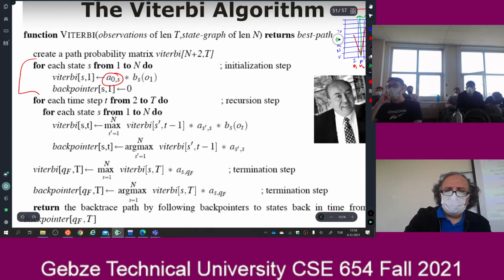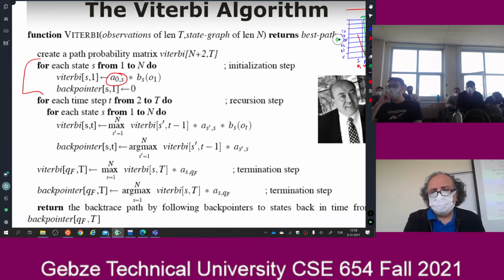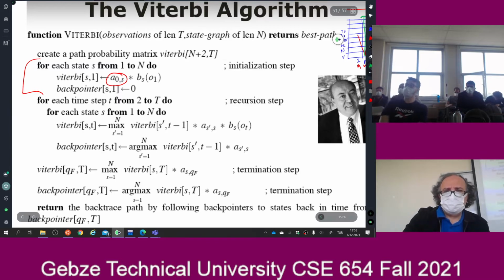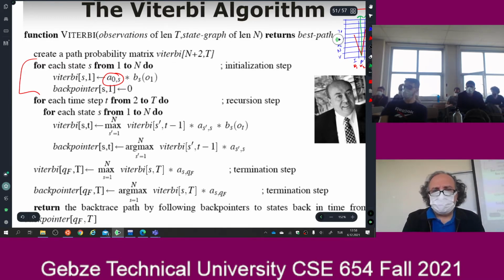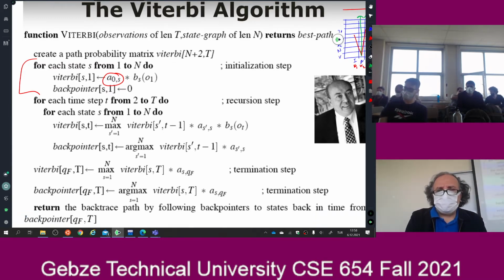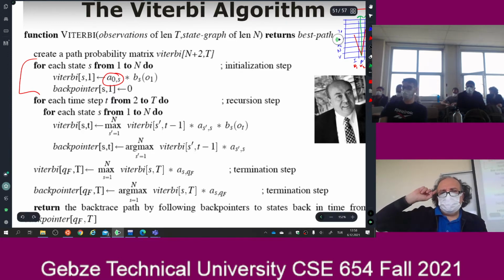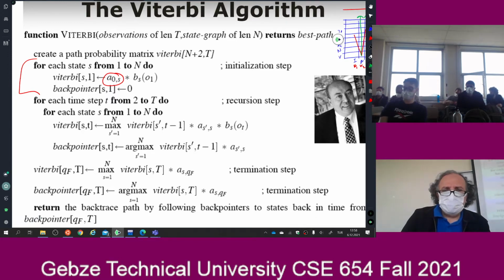Check all the tag assignments of the previous word, that's the box, and multiply each with the transition probability from that S prime to myself, and choose the one that gives you the best multiplication.